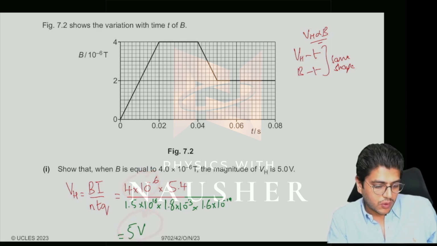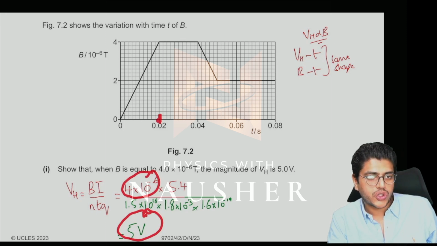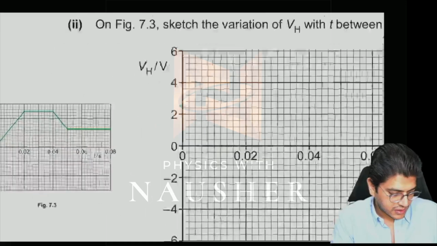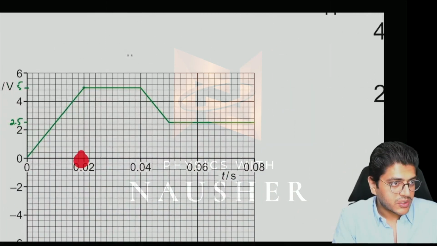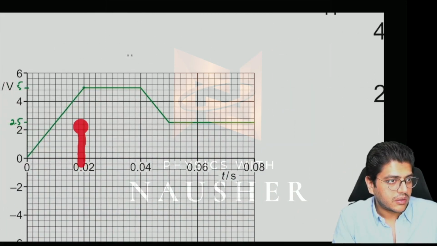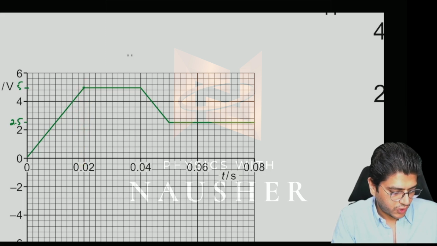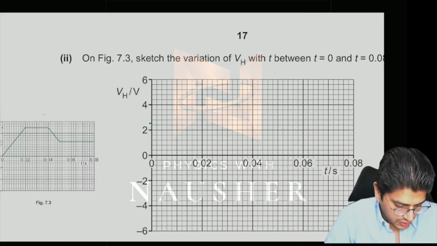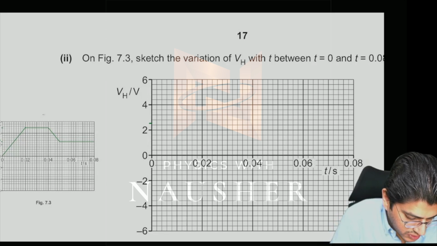So at 0.02, I should be showing a Hall voltage of 5. Look at this. At 0.02, the Hall voltage is 5. You can clearly see I've drawn this for you. So 0.02, the Hall voltage is 5. If I can do it here for you. So 0.02, so this is 4.